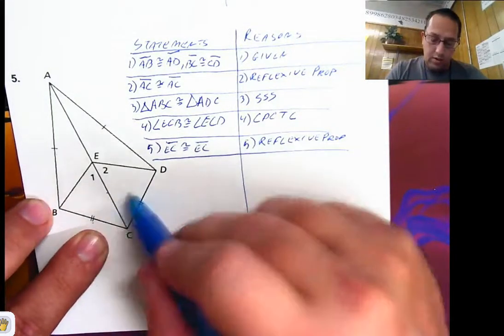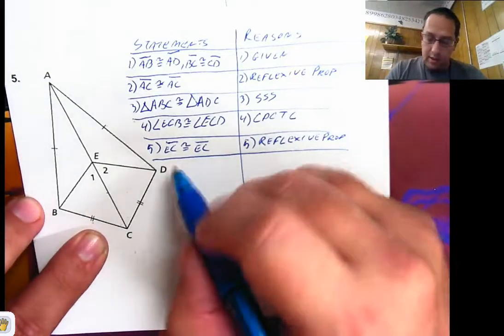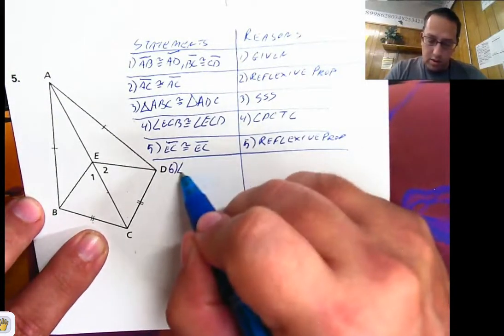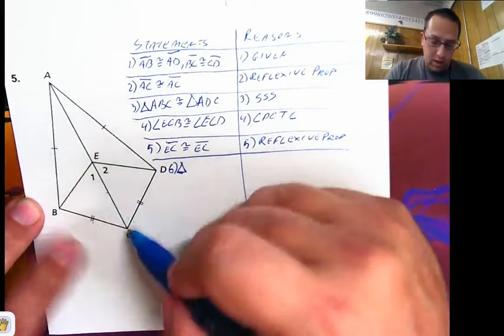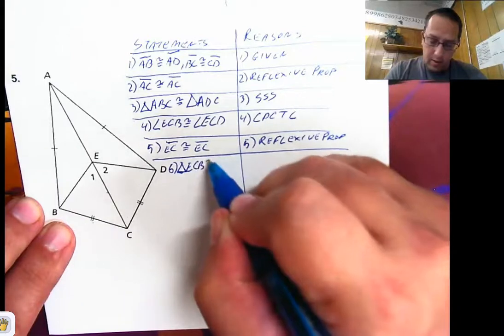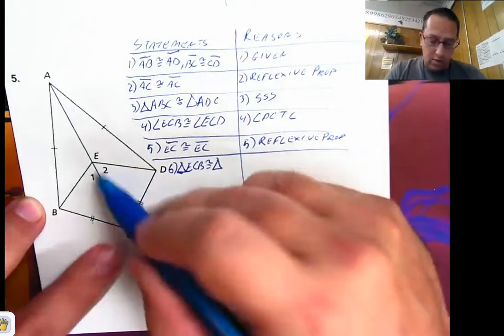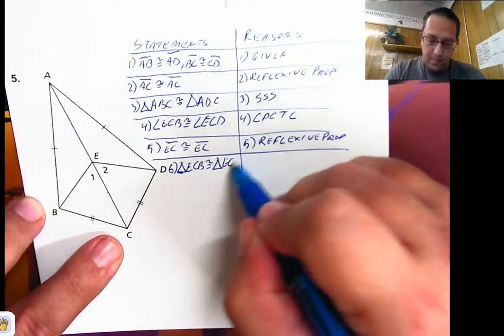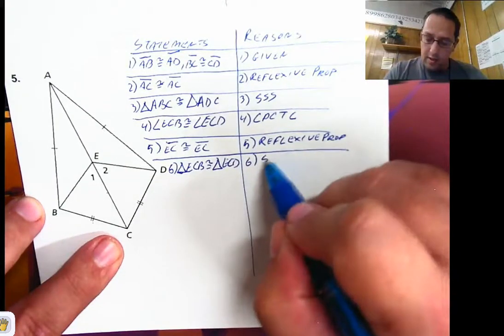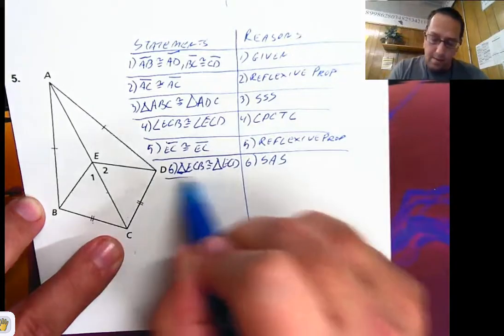And that means these two triangles are congruent by SAS. So that would be step 6. Triangle ECB is congruent to triangle ECD by side angle side.